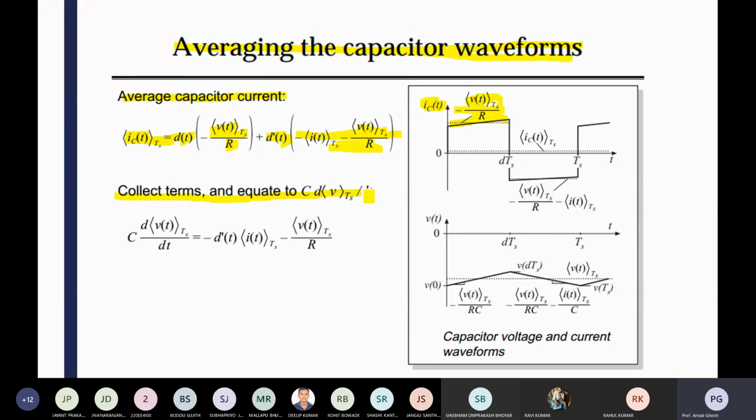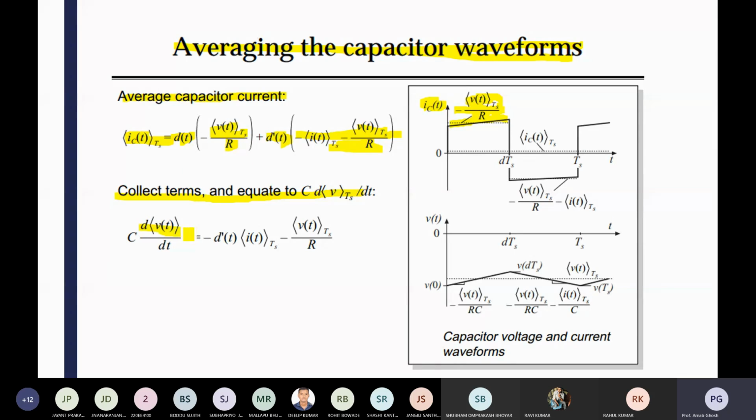So how to get that? That expression is there. If you know that value, dvt by rc means vt averaged over the cycle ts, whole divided by r. So you will get minus vt average over the cycle time period ts by r equals c dv dt.